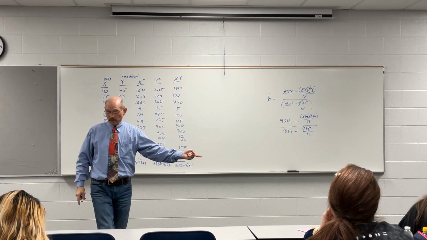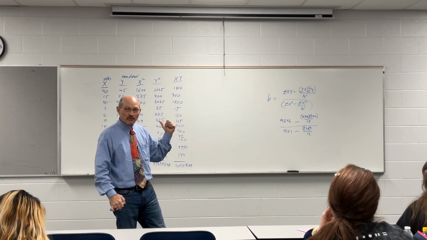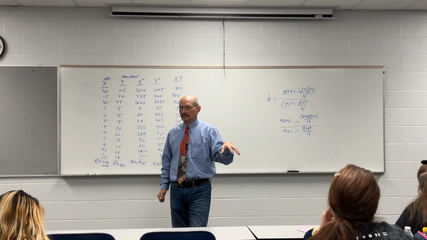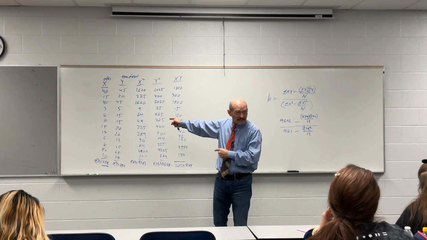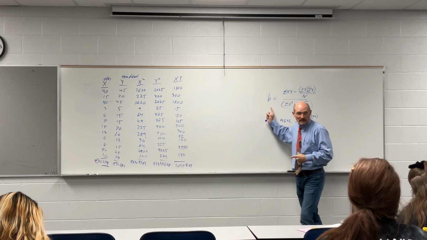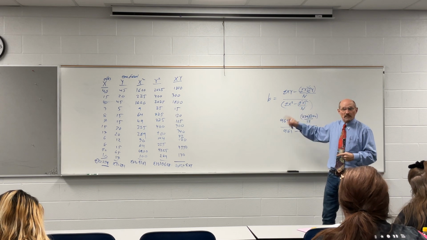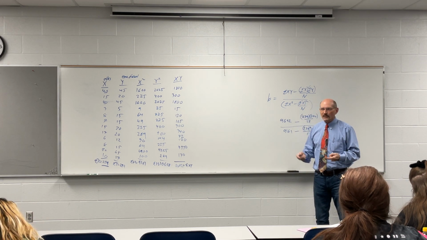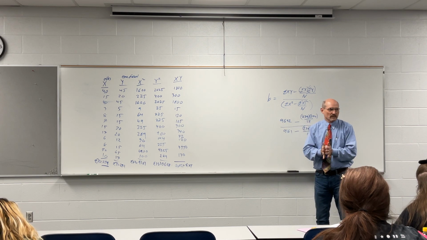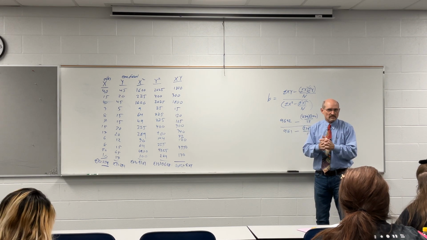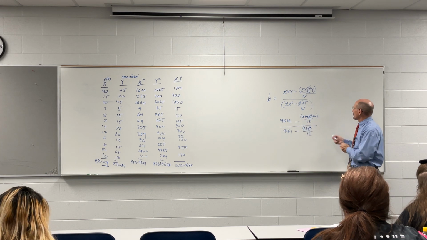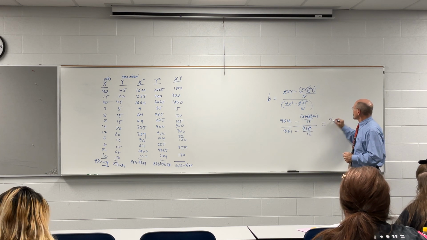There are other versions of problems coming up that will use the summation of y squared, but not in this one case. You're still going to want it in the table, even though it does not show up directly in the formula. There will be other formulas later where it shows up. So you're going to want the data to begin with. At this point, this is simply plugging into math.